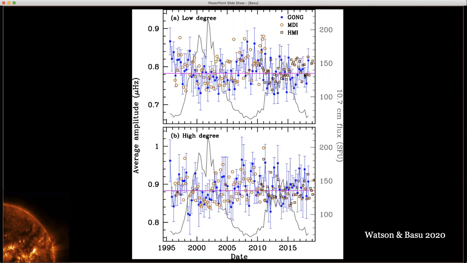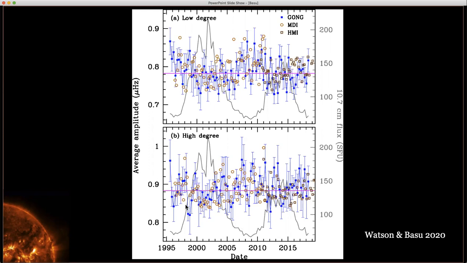If you squint hard enough, the first thing to note is that this change with time is not random. If you do any number of tests trying to look at the randomness of the signature, it is definitely not random. And you also see, if you compare it with the gray curve, that the amplitude is slightly lower at solar max than it is at solar min.